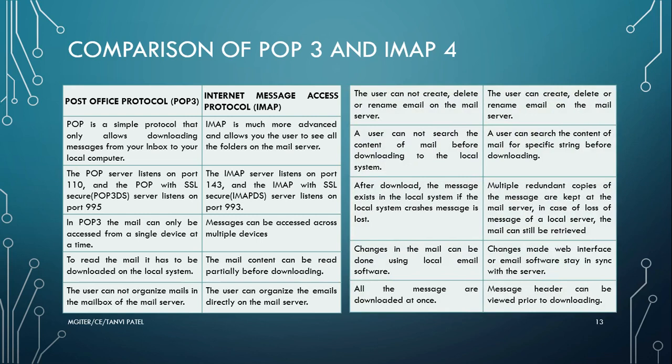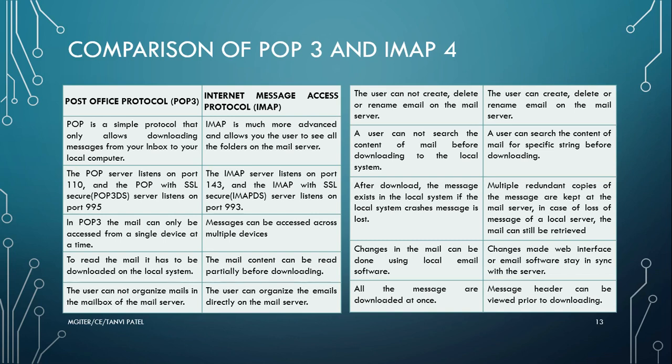In POP3, the user cannot create, delete or rename emails on the mail server, whereas in IMAP4 he can. In POP3, a user cannot search the content of the mail before downloading to the local system, and in IMAP4 he can first search and then download the mail.